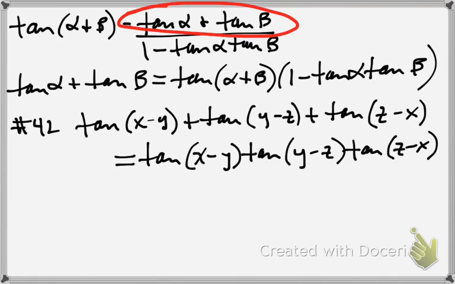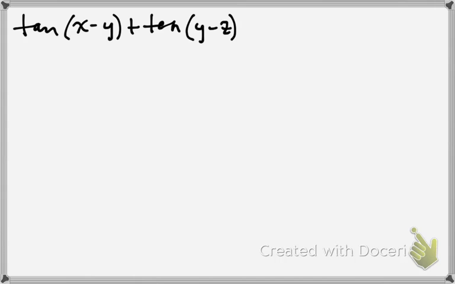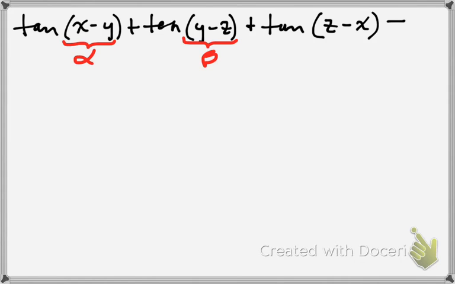So let's just work on the left side. And the way we're going to do that is we're going to use the identity that we just showed. And for alpha, I'm going to use x minus y. That's my alpha. And for beta, I'm going to use y minus z.